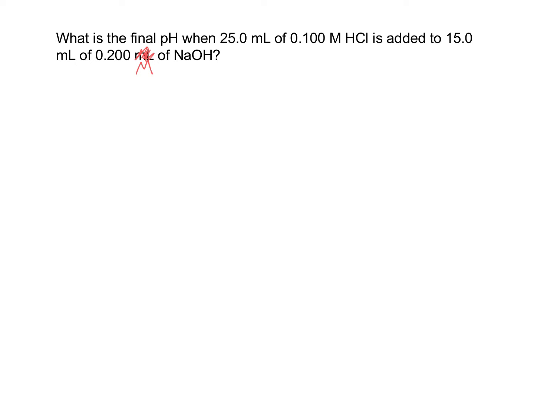Since I have a strong acid, instead of writing HCl, I'm going to write H3O+. And since I have a strong base, sodium hydroxide, instead of writing NaOH, I'm going to write OH-. Then this reaction is going to go to completion, and that's going to make 2 moles of water.